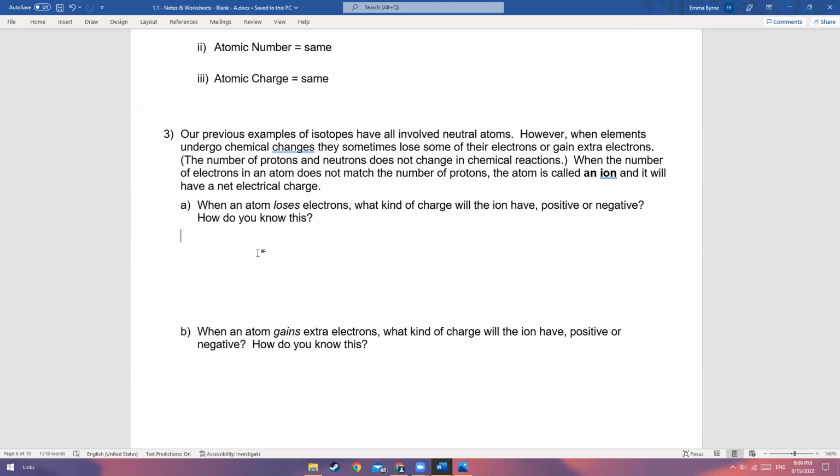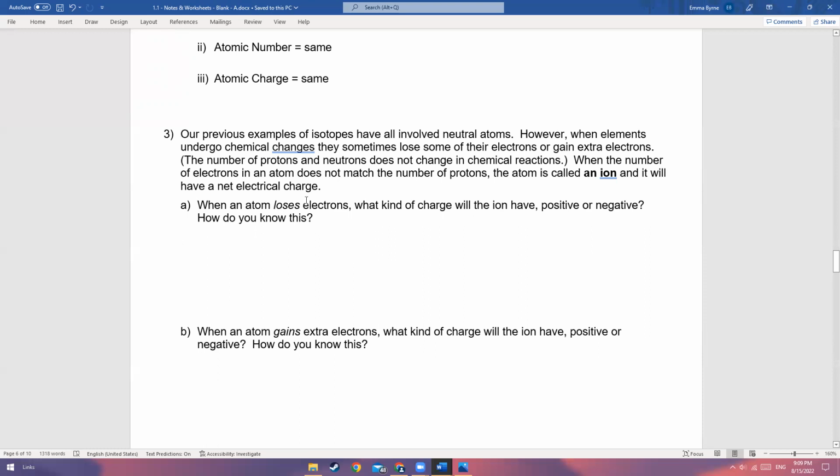Now they're saying here the number of protons and neutrons does not typically change in chemical reactions. So when the number of electrons in an atom does not match the number of protons, the atom is called an ion, and it will have a net electrical charge. And these questions are really trying to hit at what we know about ions now instead of isotopes.